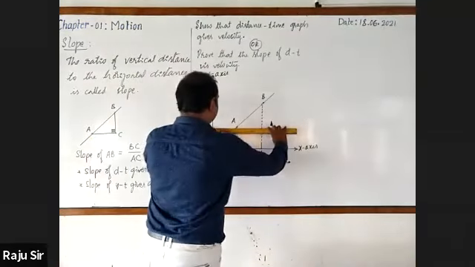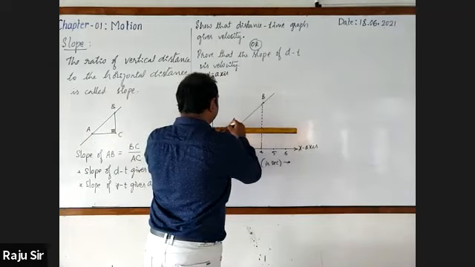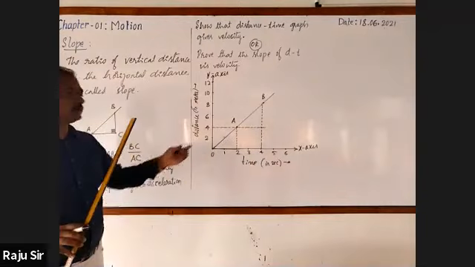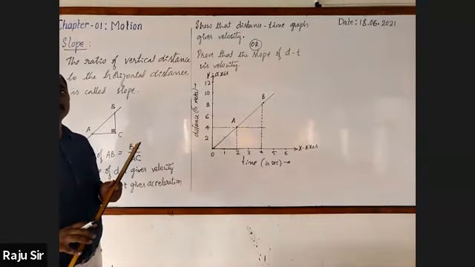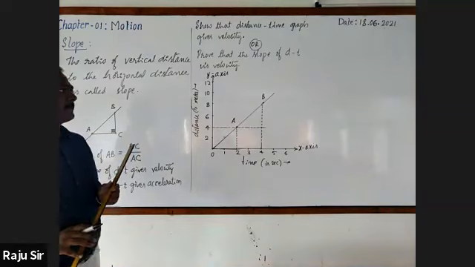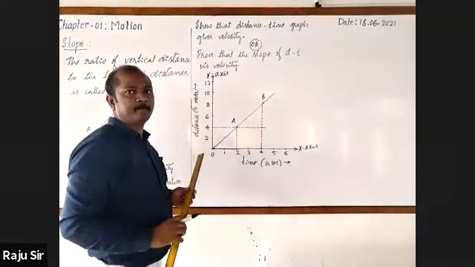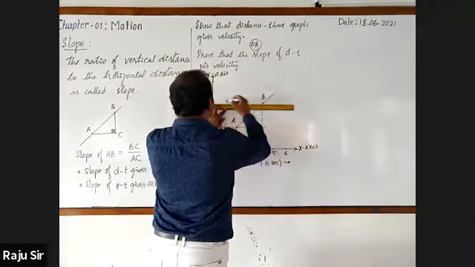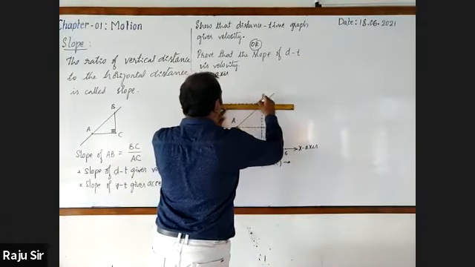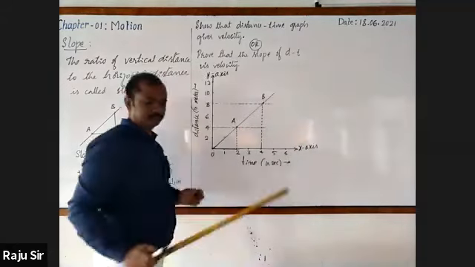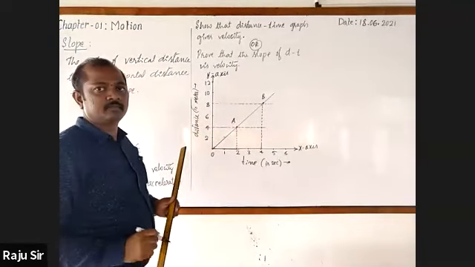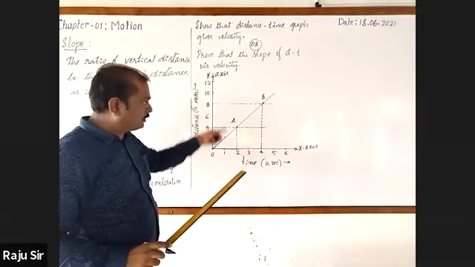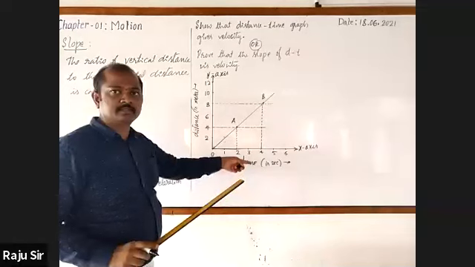Next, draw the horizontal line through A. It should be parallel to the x-axis. Similarly, through B as well. Draw the perpendicular line from A to x-axis, B to x-axis.